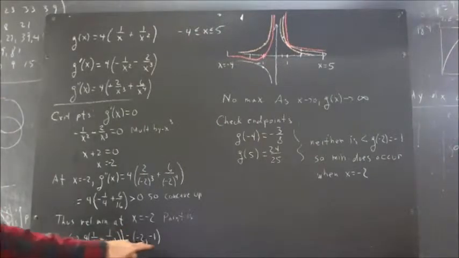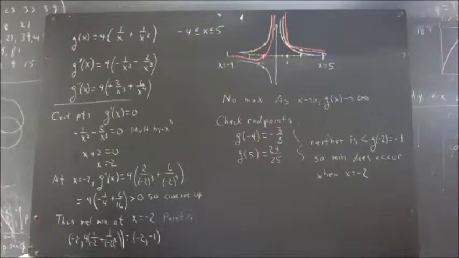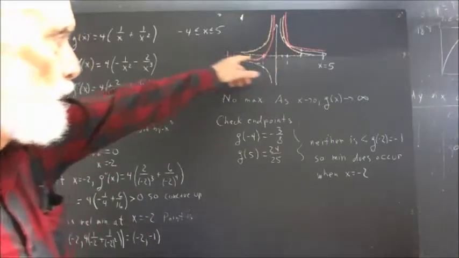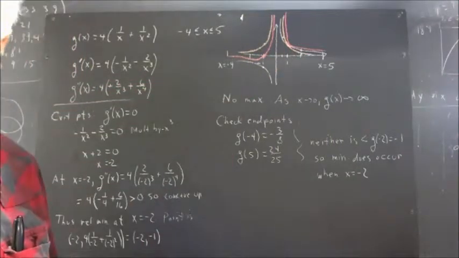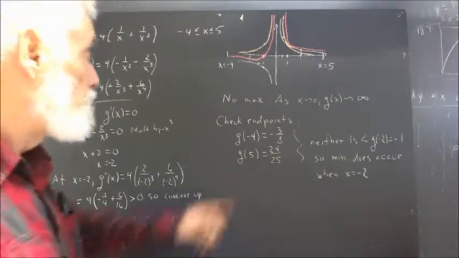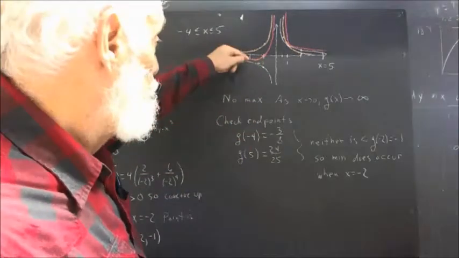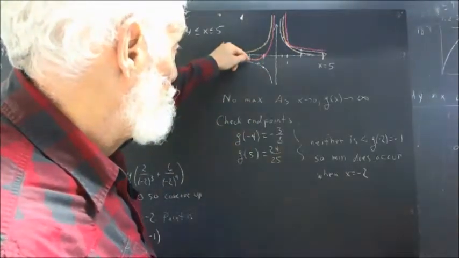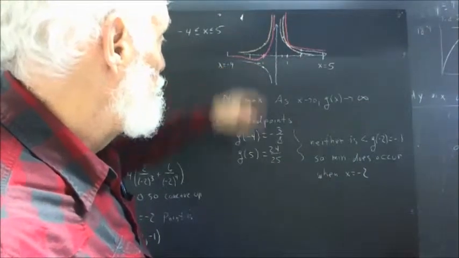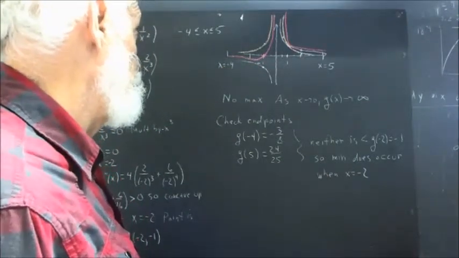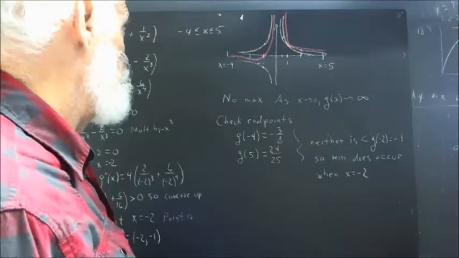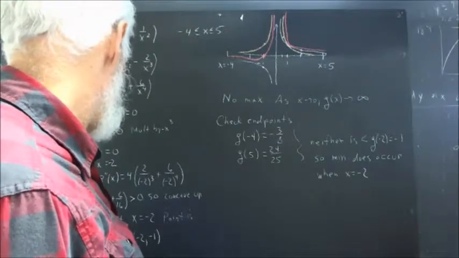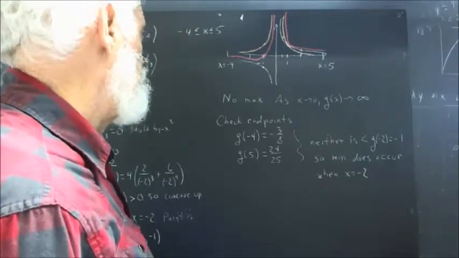And we get negative 2, negative 1. So that, if I want to redraw this graph more accurately, I'll do it in such a way that the relative minimum occurs below negative 2 and actually at a value of negative 1. And I'm starting to question that value, negative 1.